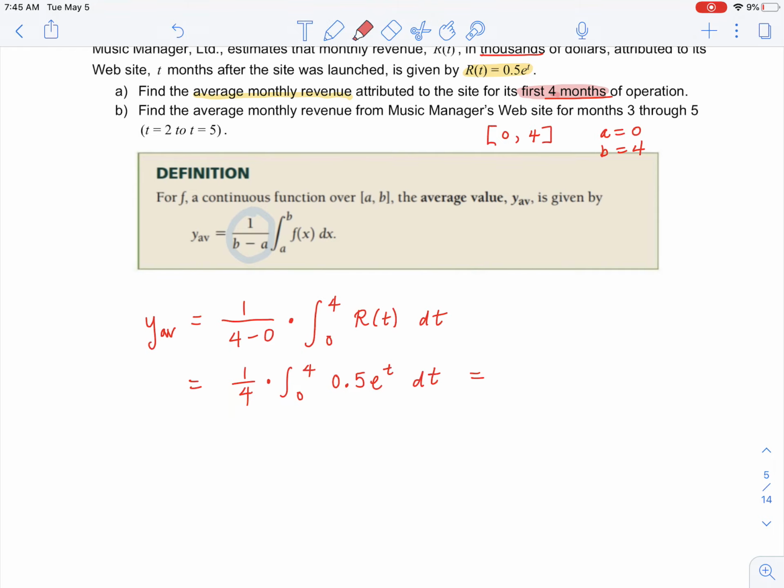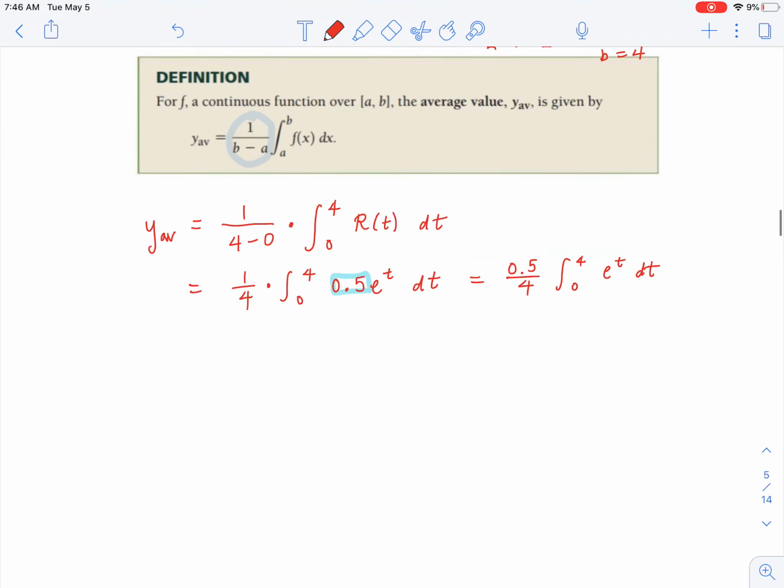Let me pull out the 0.5 to the front, joining it with the 1 divided by 4, so that I can just integrate e to the t dt. If you divide 0.5 by 4, I'll just leave it as 0.5 divided by 4.